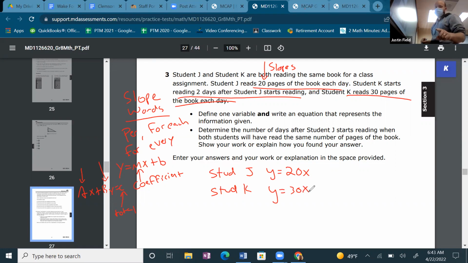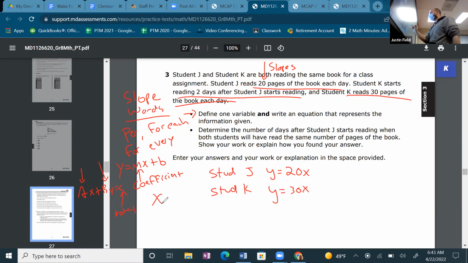But that's not the whole story with just those, because first of all, what do x and y represent, right? Isn't that the first question? Define our variables. That's always the first thing we want to do. In this case, the second, but anyway.